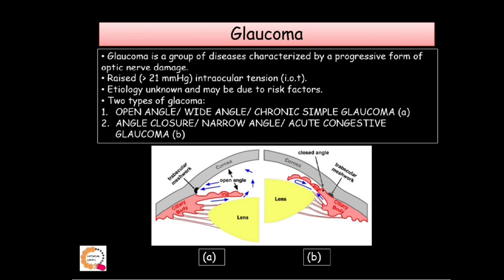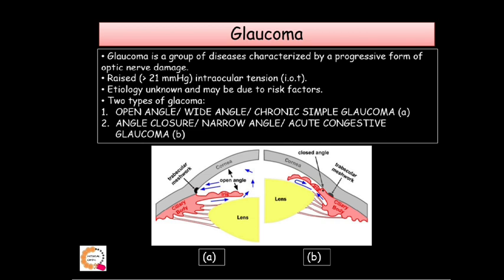If we know the structure and function of our eye, the eye is the organ responsible for proper vision, and it contains aqueous humor which is produced by the ciliary body. This aqueous humor maintains a particular pressure inside the eye to maintain its internal environment.